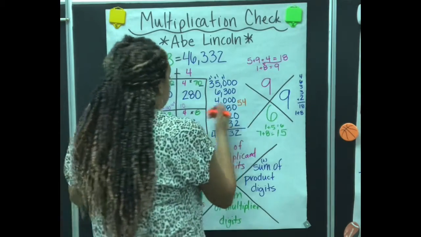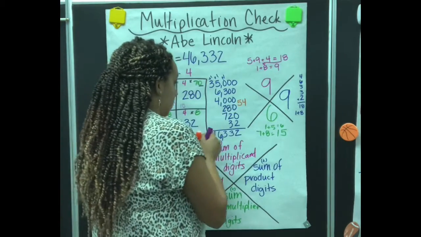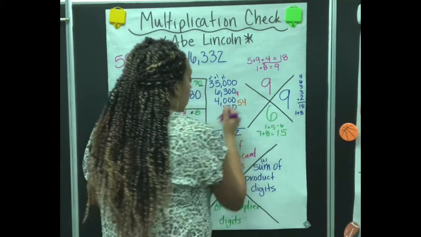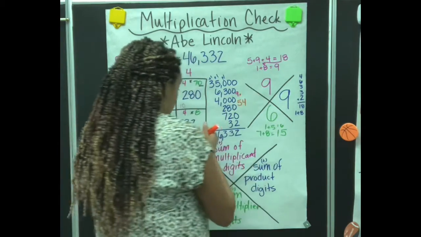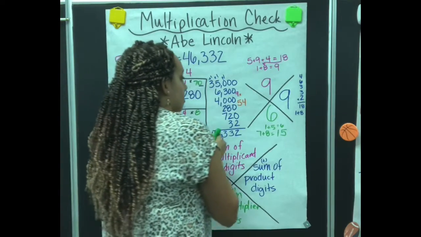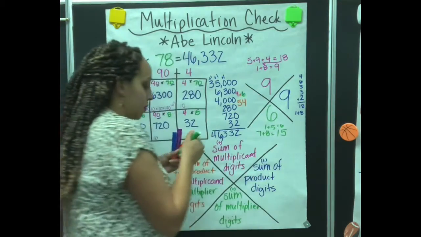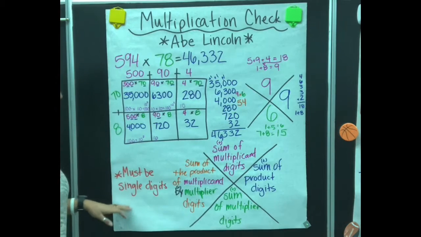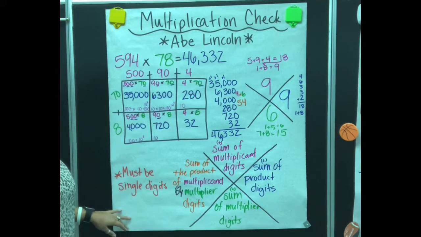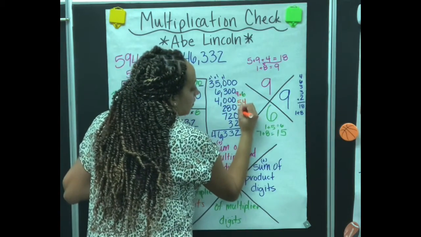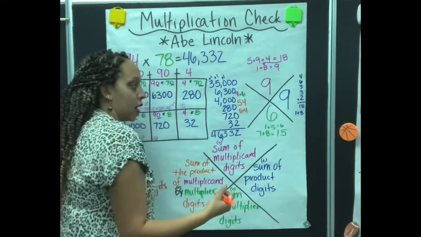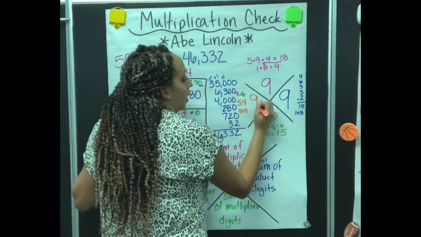So I took 9 and I multiplied it by 6 and I got 54. Well, the rule says I can't have double digits, so I have to add 5 plus 4, which equals what? 9.